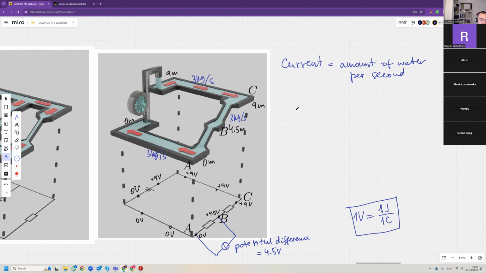So anywhere in a series circuit, current is the same at any point.